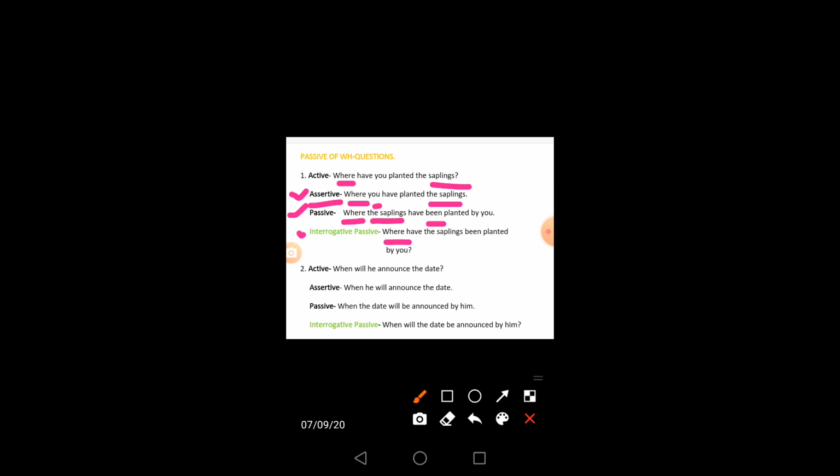So the passive form is done, but we have to finally make it interrogative passive. So what will you have to do for interrogative passive? After where you have to bring the auxiliary verb have, then the saplings, then been planted together. So the saplings is in the middle, been planted here and have here.